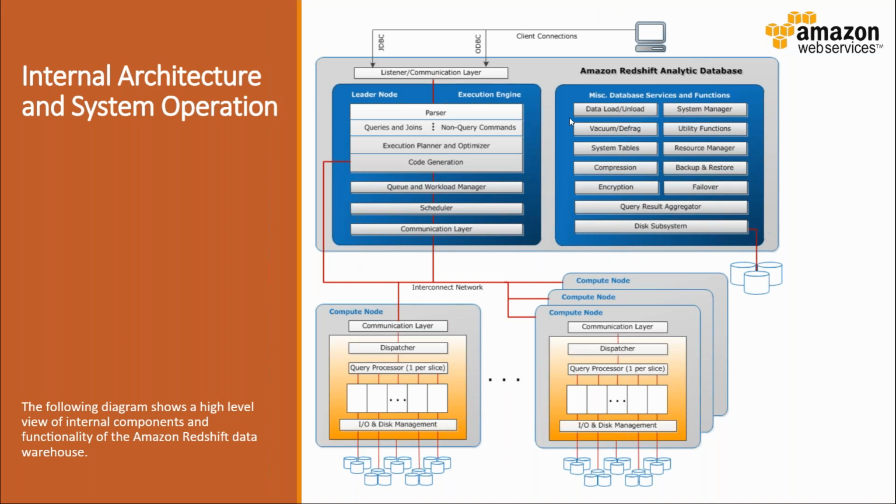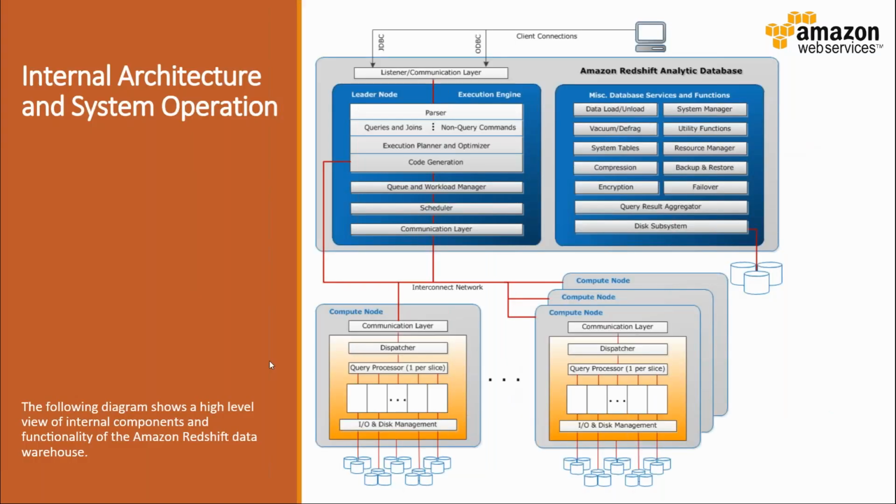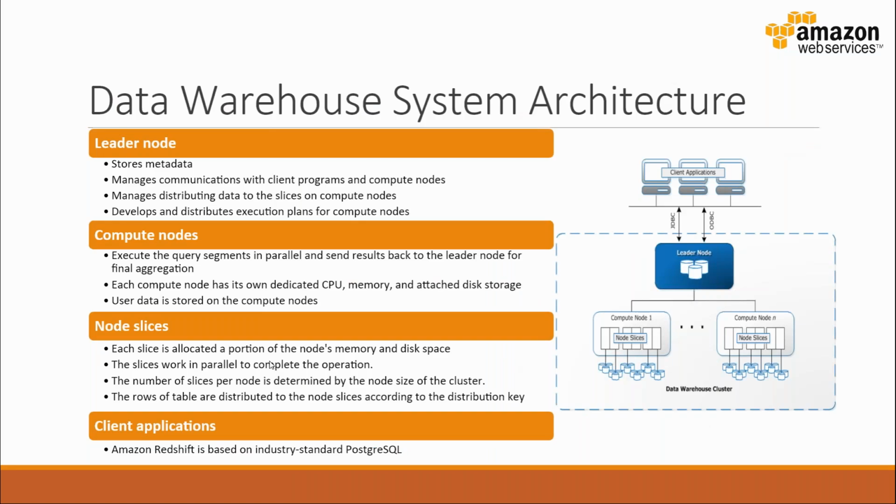As we know, this is the main diagram, the high level architecture. In a data warehouse high level architecture, client applications will be there, meaning end users sitting all over the world.